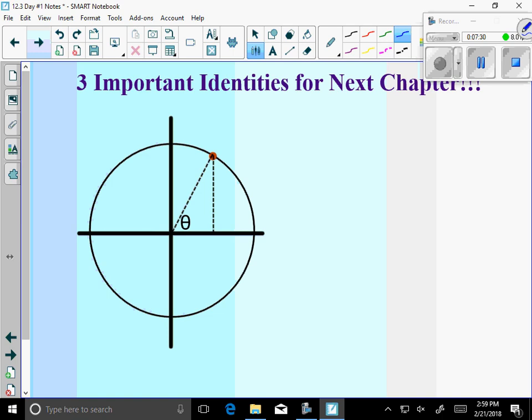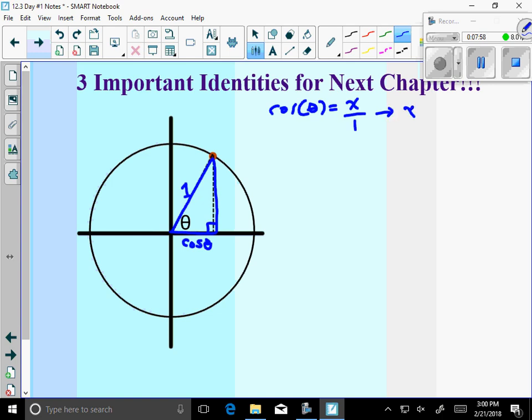So I take this triangle, okay, and if the hypotenuse here is 1, what I would know is that the x value along here would be cosine of theta. Right? We agree that the cosine of theta would be our x value over r, and in this case r is 1.